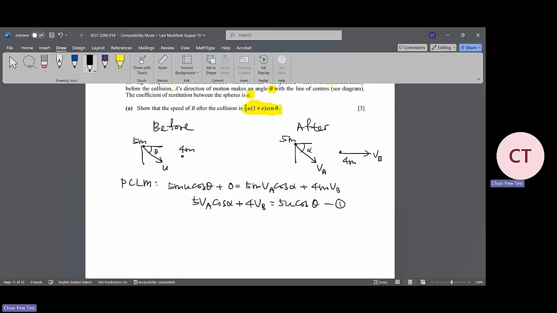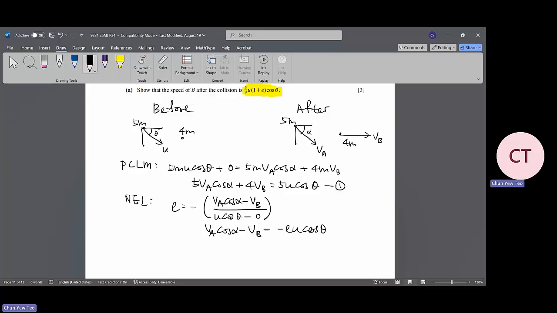That is equation number 1. And Newton's experimental law, NEL, you have E equal to the negative of VA cos alpha minus VB divided by u cos theta minus 0. So you will have VA cos alpha minus VB is equal to negative Eu cos theta.